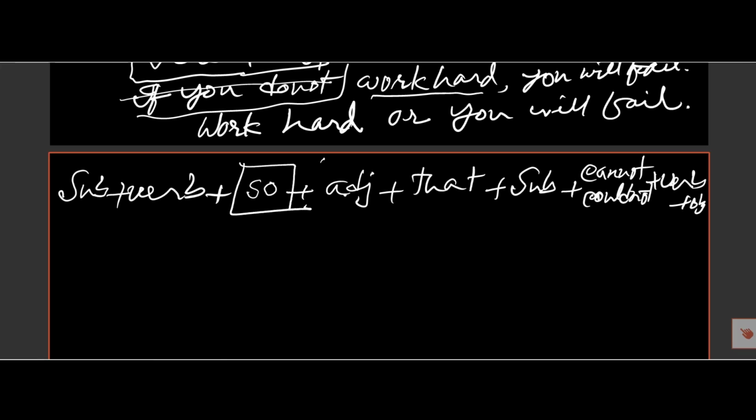We must remember this: so, that, and there is an adjective. So in that case, if the sentence is complex in this position, we must transform it into compound following this rule.